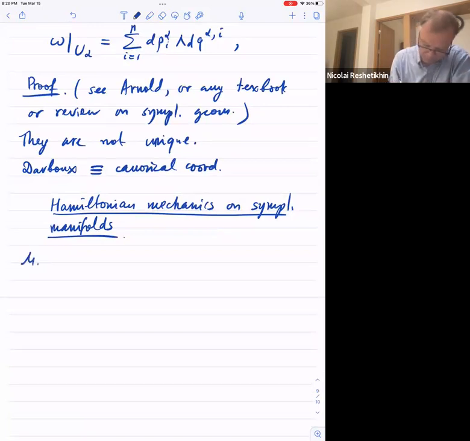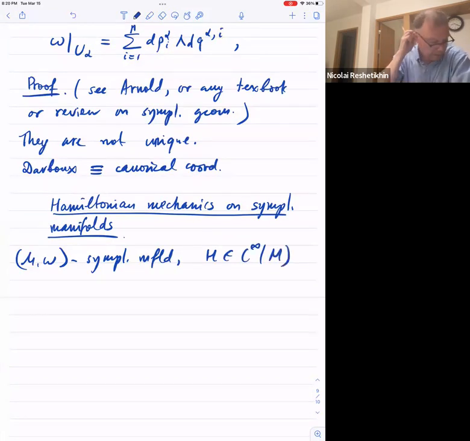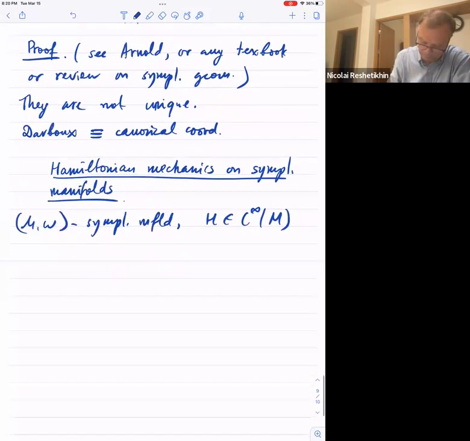So suppose that we have a symplectic manifold and a smooth function H. Then H defines the vector field.